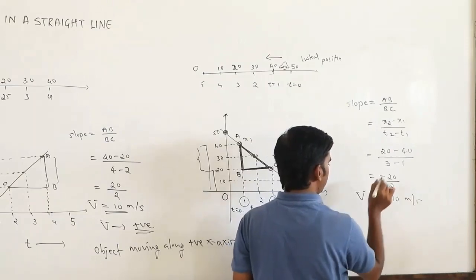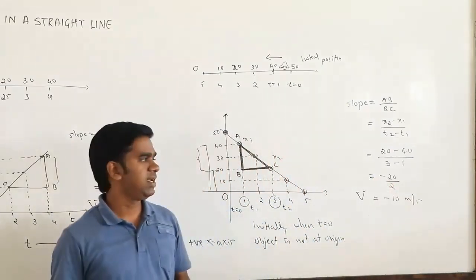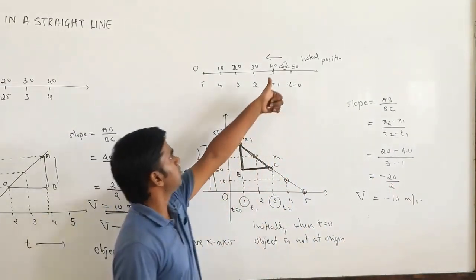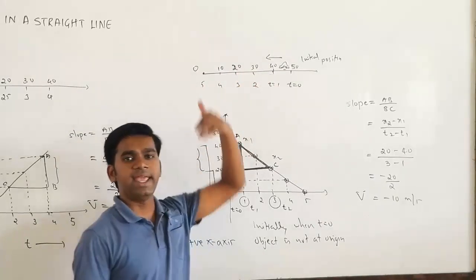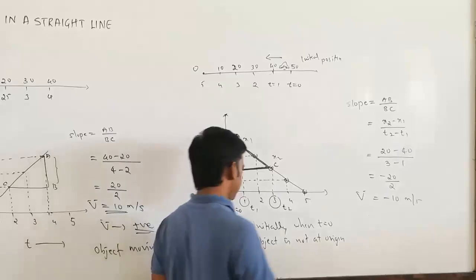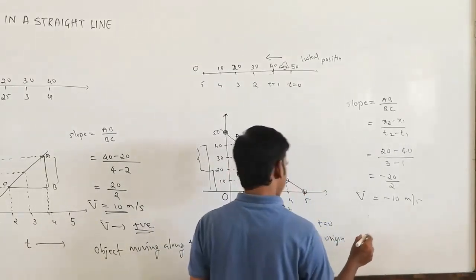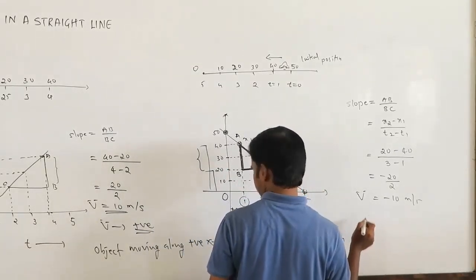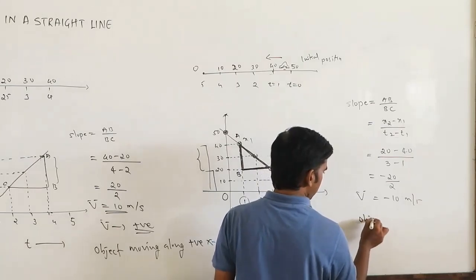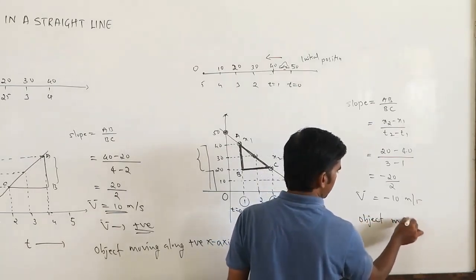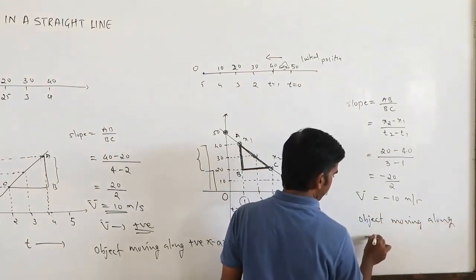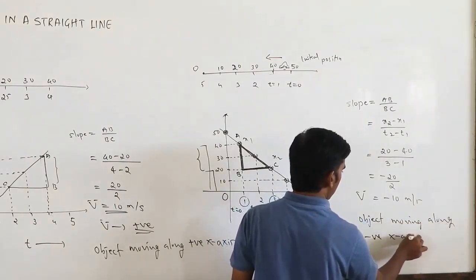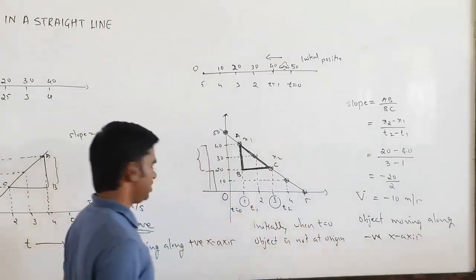So slope is velocity. Now we are getting velocity as negative because the car is moving in the opposite direction. It is along the negative x axis. So the negative sign indicates that the object is moving along the negative x axis, or opposite to the initial one.